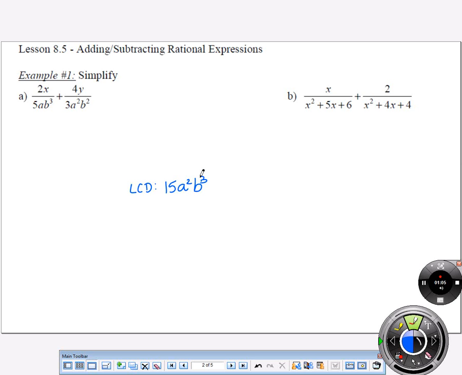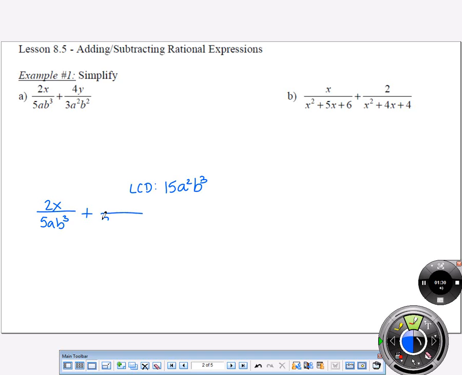Is b to the 3rd enough to be the common denominator of them? Yes. Okay. So we don't have to combine together all the powers of everything we see. We just need to make sure we have enough that we don't have to cancel any out of any individual denominator.